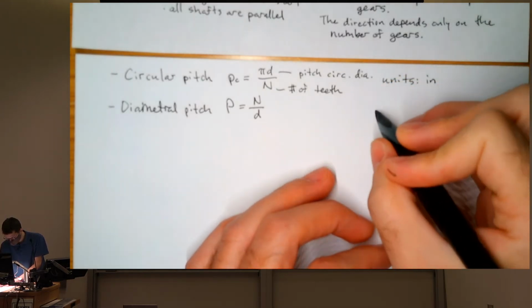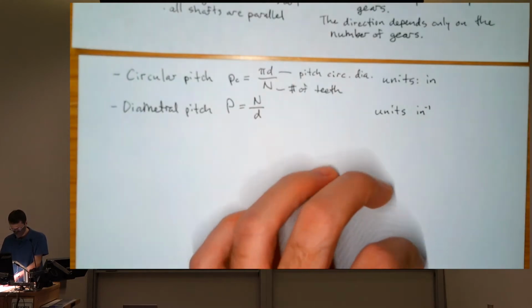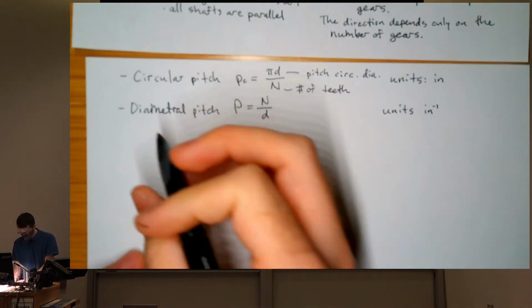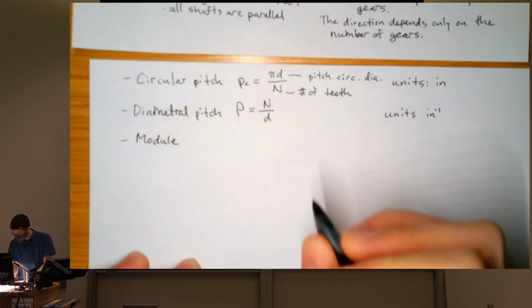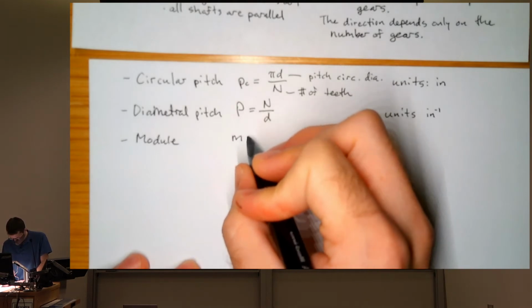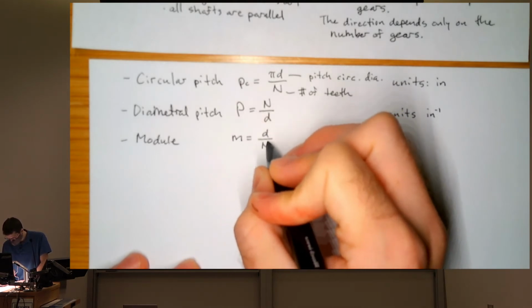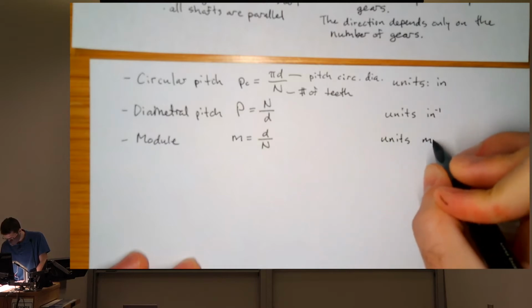This one here has units of per inch. And then we have something called the module, which is d over n. And these are often reported in units of millimeters.